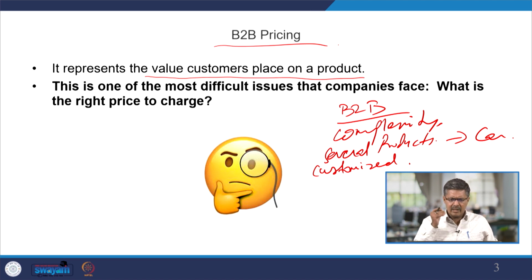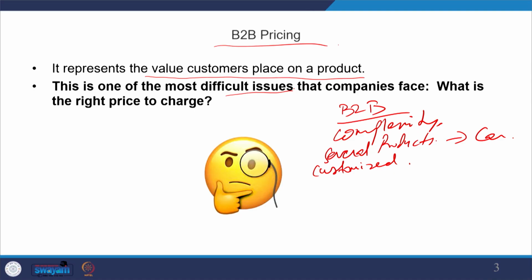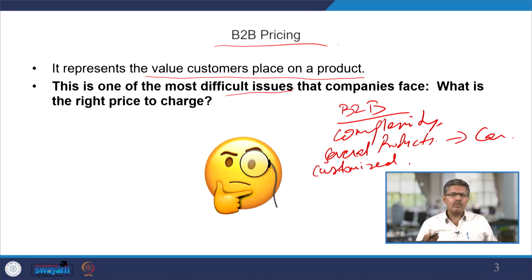It goes through the assembly line and mass production is happening. B2B may not be like that. So this is one of the most difficult issues that companies face. What is the right price to charge, right? What is that right price we should be charging to the customer? Now this question is really difficult. Why?